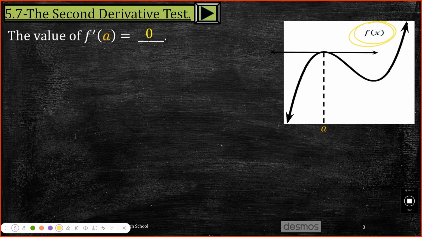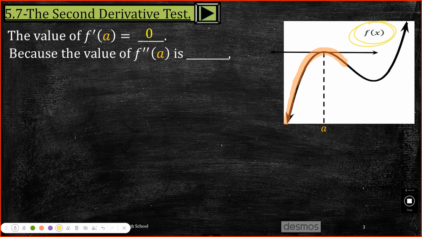So we really need to start connecting derivatives and what they mean to the given graph. The given graph is the position graph, but f prime at a is the rate of change at a, which is the slope, equal to 0 at a. Now, the next thing here: the value of f double prime at a is blank. What's missing there? What do you think? Because the value of f double prime at a is what?